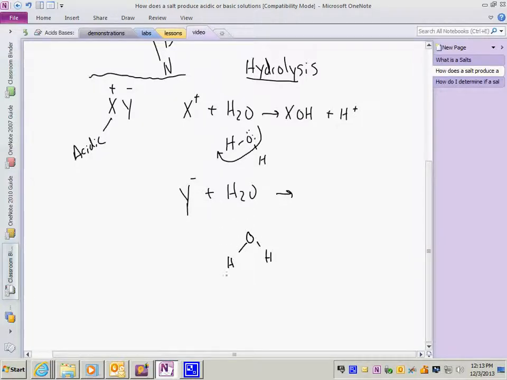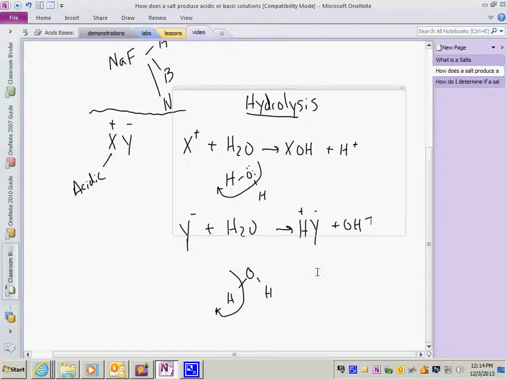It's negative, so it wants to grab a positive H right here to form HY, leaving the hydroxide behind. Now these problems can get more in depth, which would show a little more complexity, but at this point I'm okay with the level we're at.